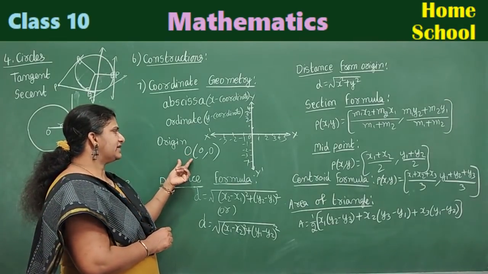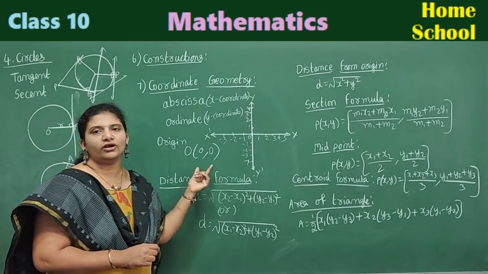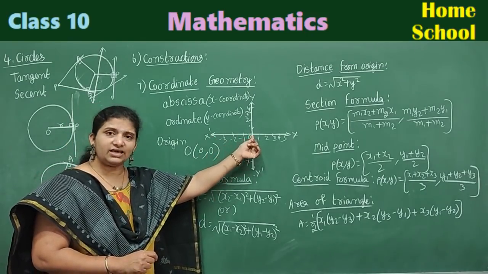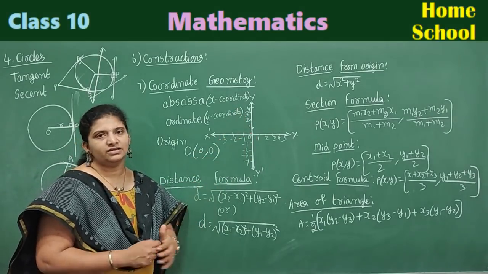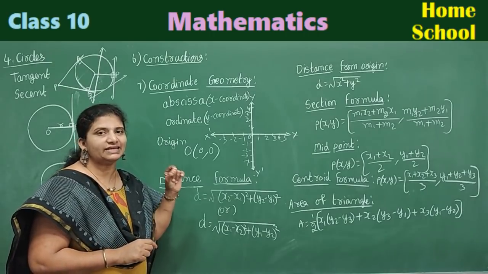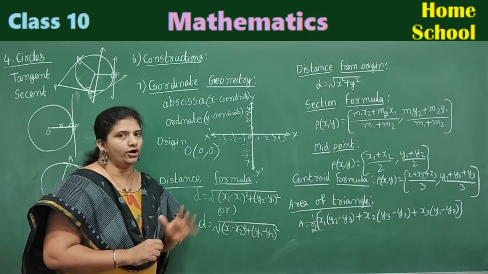Origin you can represent with the letter O, (0, 0), or directly you can say the coordinate at origin is (0, 0). Why? On the x-axis it is 0, on the y-axis also it is 0. Both the x-axis and y-axis intersect at a point that is 0. That point we call the origin.